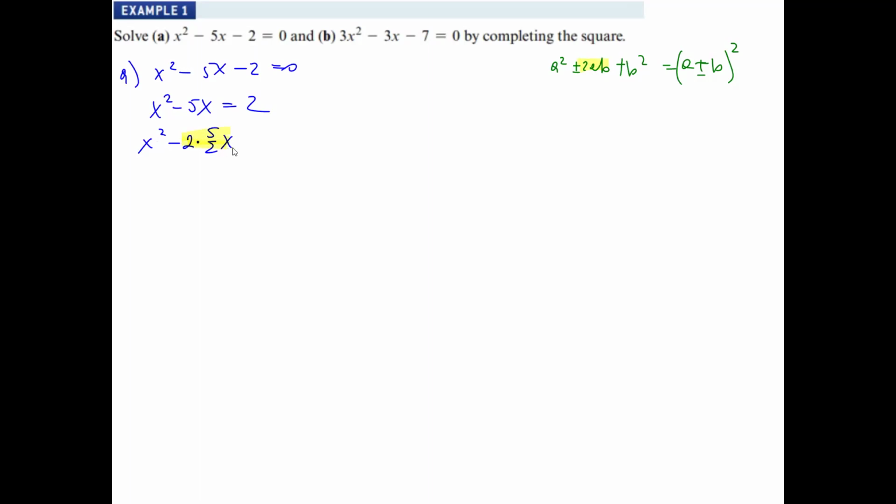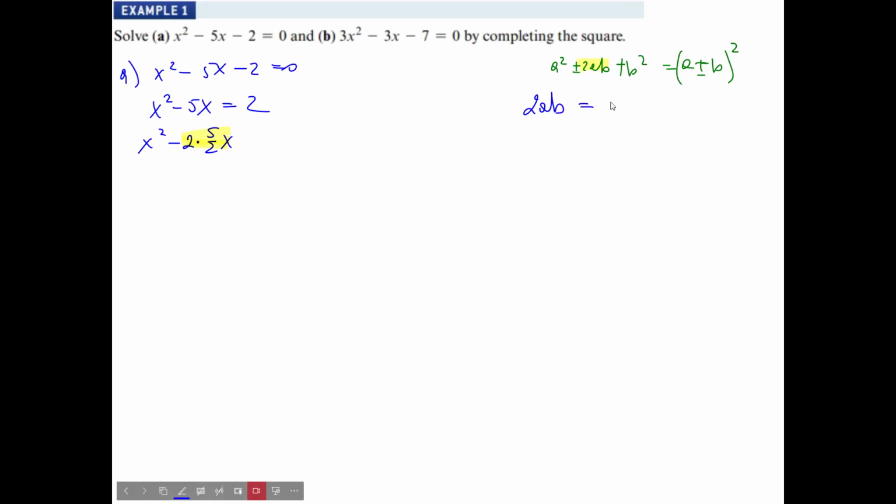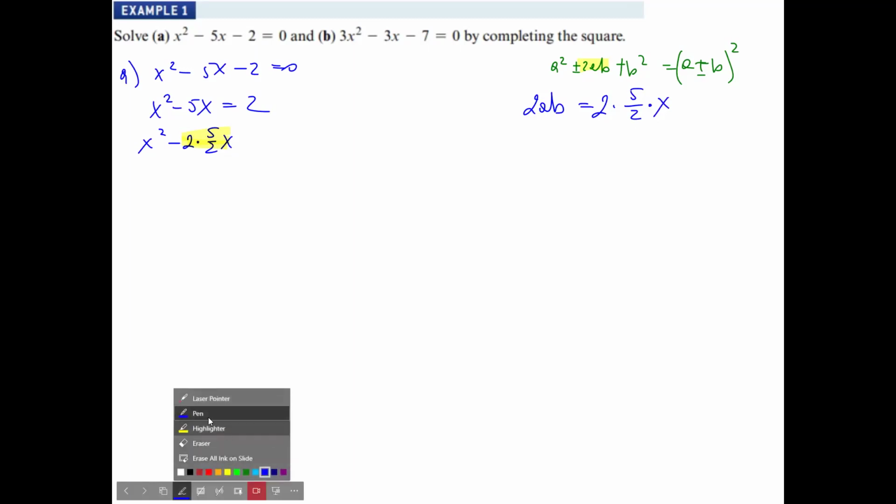So a is x, it means b is 5 over 2. You see it? 2ab is the middle term, and I have 2 times 5 over 2 times x.